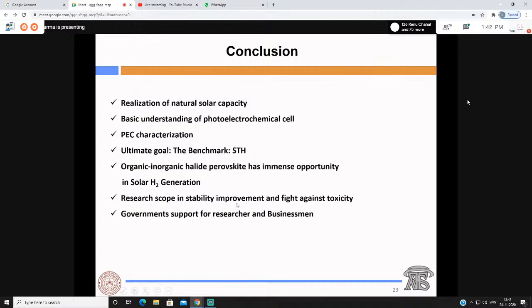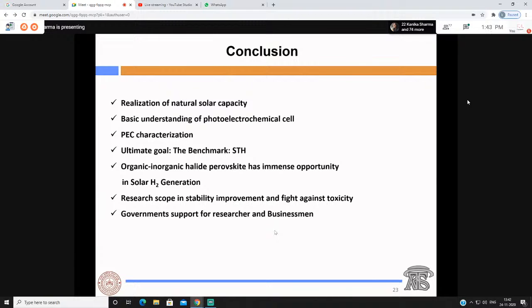All in all, if I want to conclude in a line or two, I would say that photoelectrochemical water splitting is still a nascent technology. It is still in a developing phase and is not being commercialized. If somebody wants to become a part of this research, it has immense dimensions.